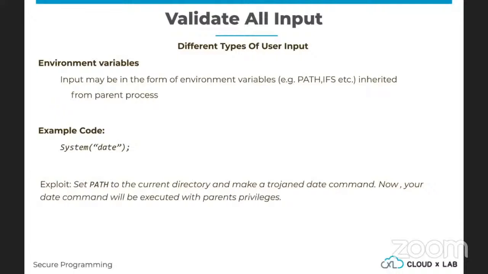Now the attacker's date command will be executed with the parent's privileges. This used to happen, and many systems got hacked using this technique. Somebody created a program called date, and when we ran the other program which was invoking date, the modified or malicious date was executed.